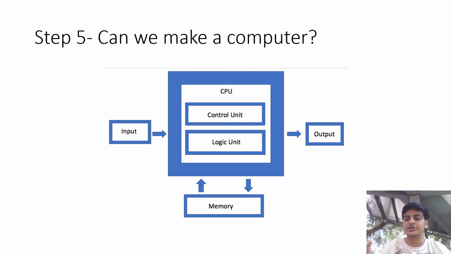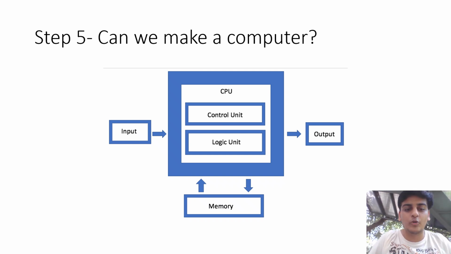You have a logic unit that is capable of doing lots of different types of operations. You have input to the computer, which obviously can be keystrokes, but essentially any program that runs converts all the inputs into assembly code. The assembly code is the input that the computer receives.